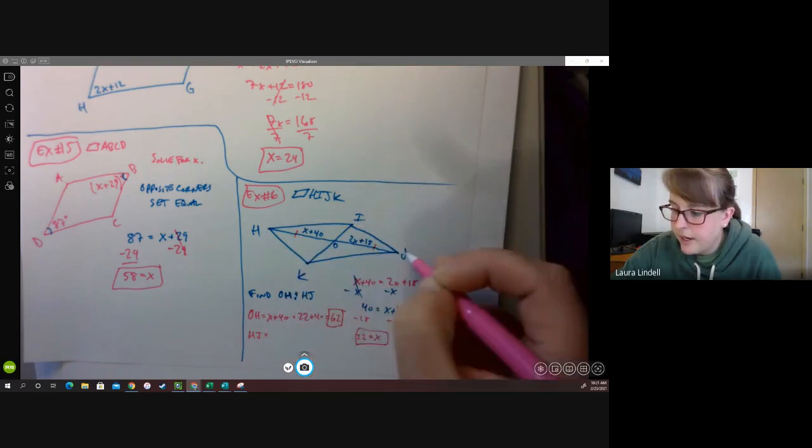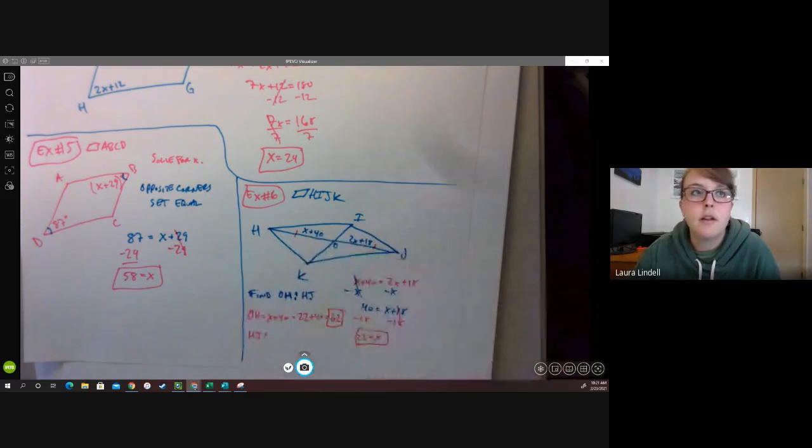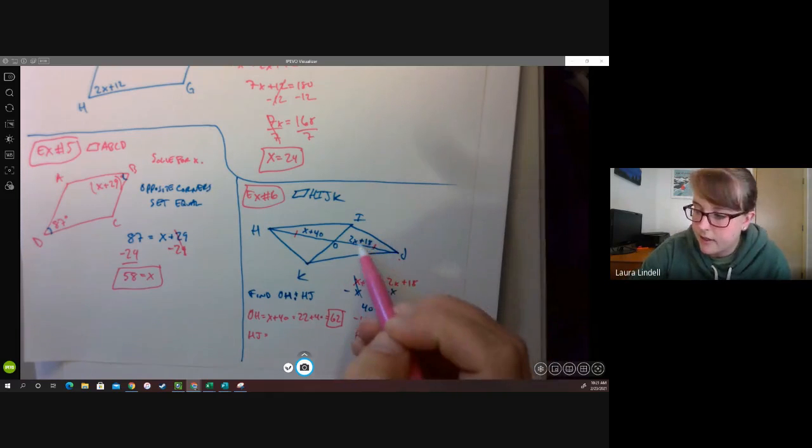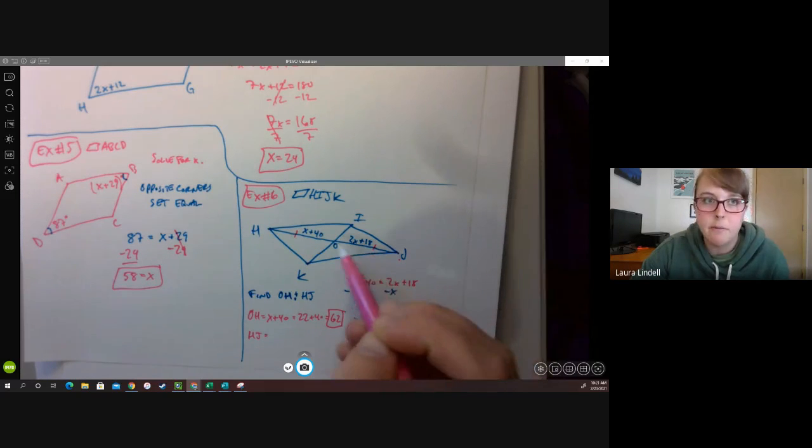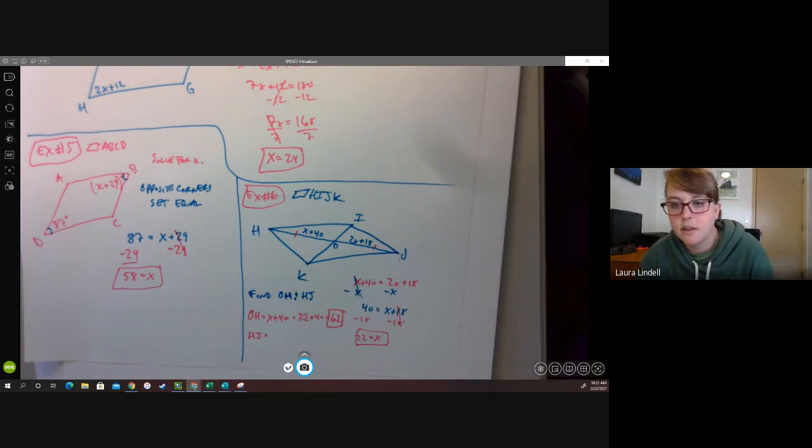Then HJ is the whole diagonal. What could I do to find HJ? Any ideas? There's a couple different things I could do. Yeah, you could add OH and OJ. You could plug in x here and get OJ. What's OJ going to be? Can we find it without plugging in x?